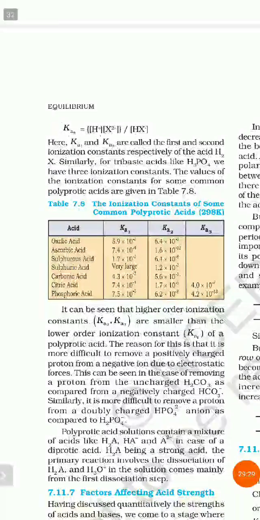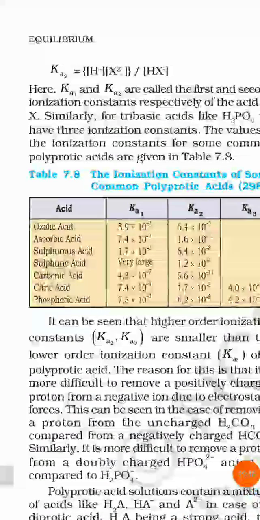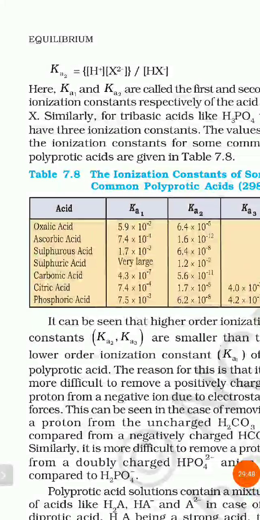Right. That means some of the acids produce more than one proton. That is called polybasic acid or polyprotic acid, like that you call them. So the acids that produce more hydrogen ions are oxalic acid, ascorbic acid, sulfurous acid, sulfuric acid, carbonic acid, citric acid, phosphoric acid.